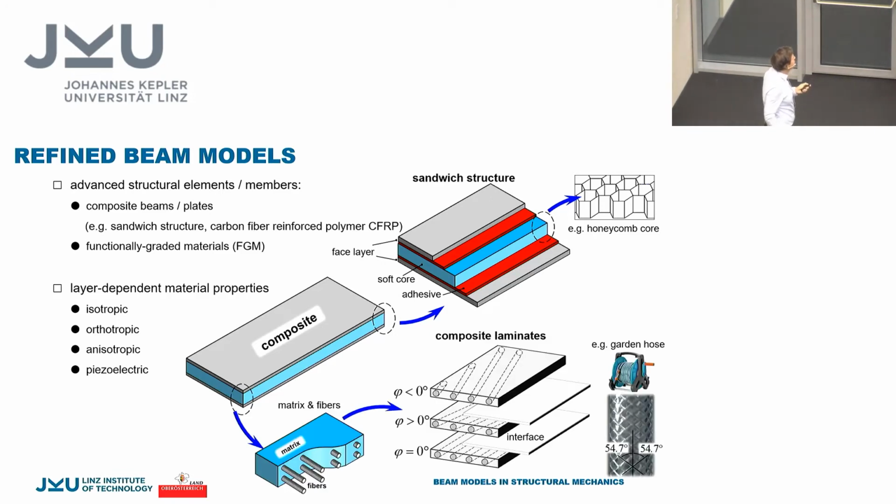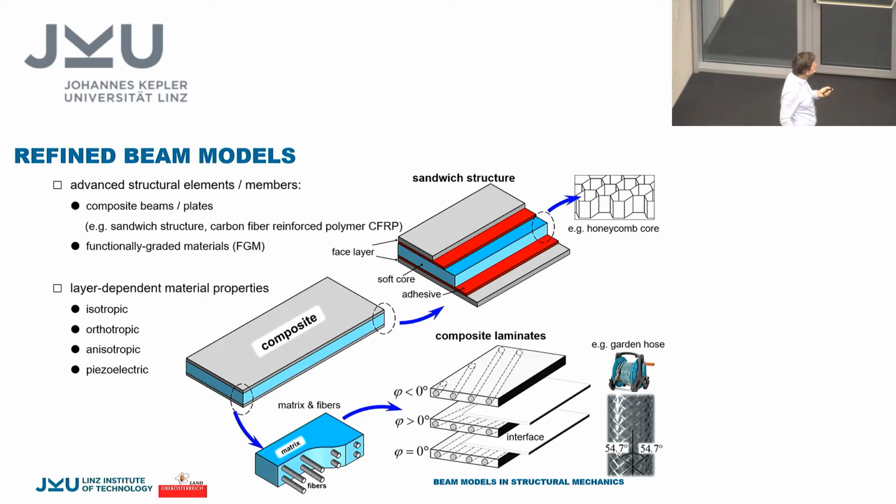Another possibility of a composite is a composite laminate, and they are made of matrix and fibers. For example, the matrix material is in general resin or epoxy or a polymer, and this is a very soft material.